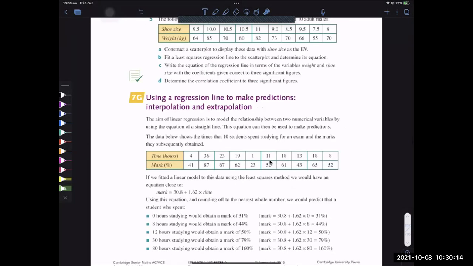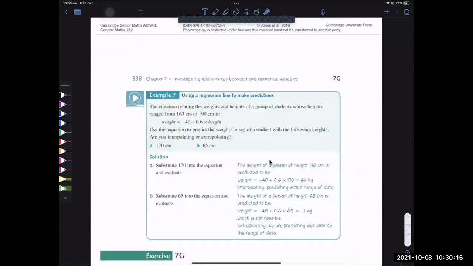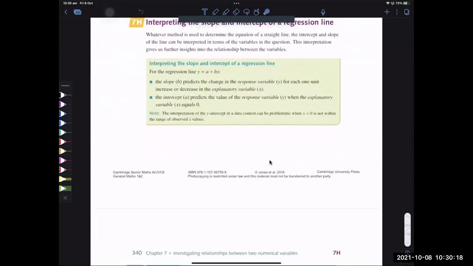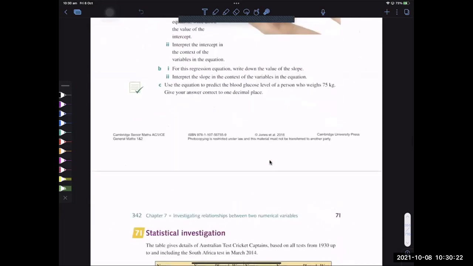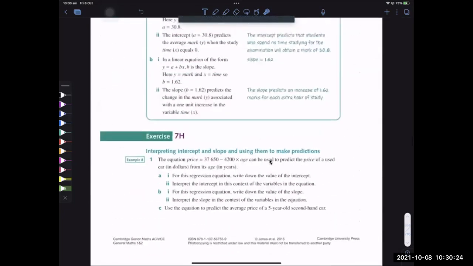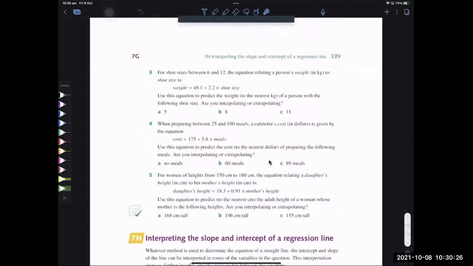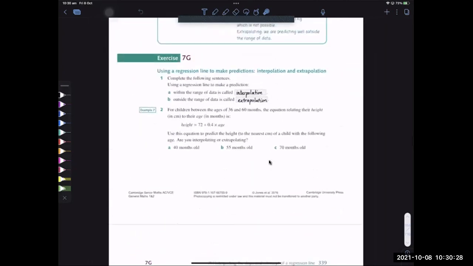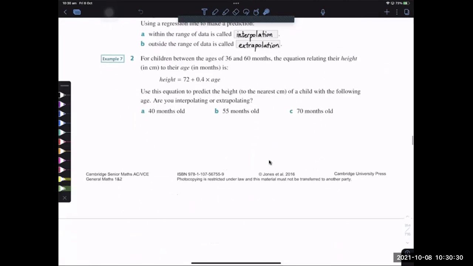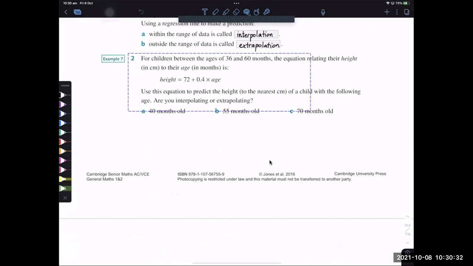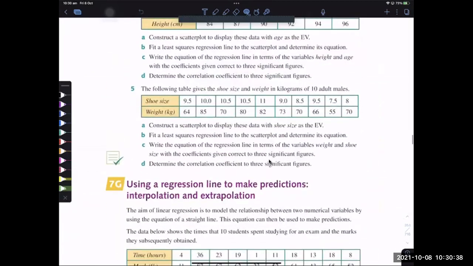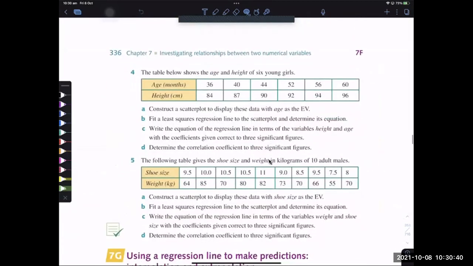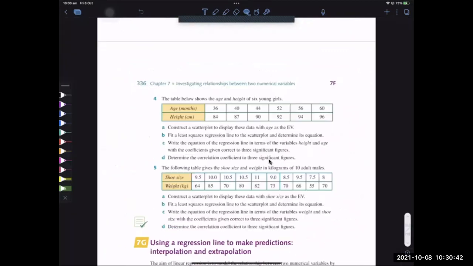So that's pretty much it. We can end the lesson here if we wanted to, but we'll do a couple more questions, and then I want to go back and do a question from 7F, and then I might write a few more questions on it.